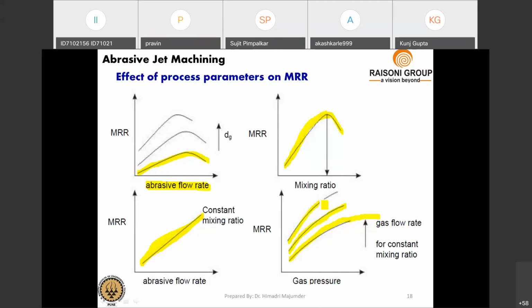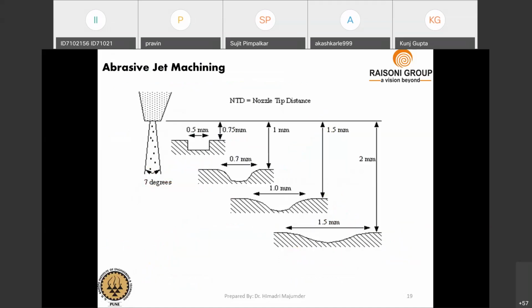So in this slide, you can see the different effects of different process parameters on MRR during AJM, abrasive jet machining. This is an important slide where we can find the different effects of different process parameters on MRR during AJM.